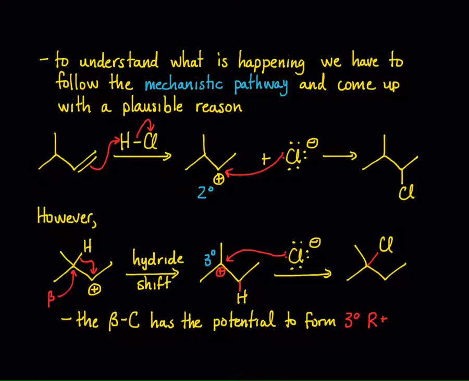And so now that carbocation becomes the alpha carbon in our example, right? Now, it's not as simple as that. Alkyl groups can also migrate to form tertiary carbocations.